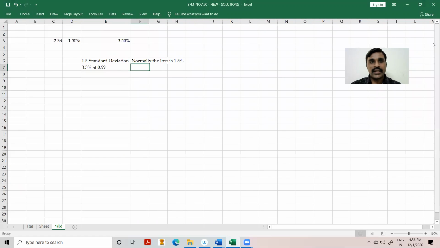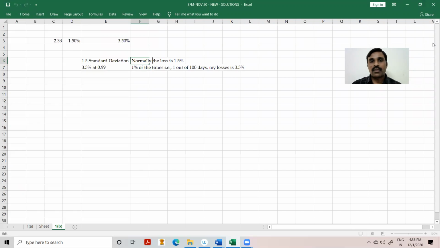It indicates that 1% of the times, that is 1 out of 100 days, my loss is 3.5%. Normally my loss is 1.5% per day.